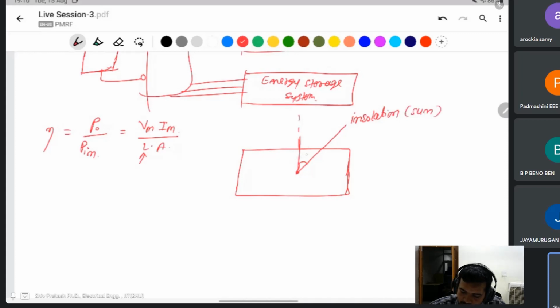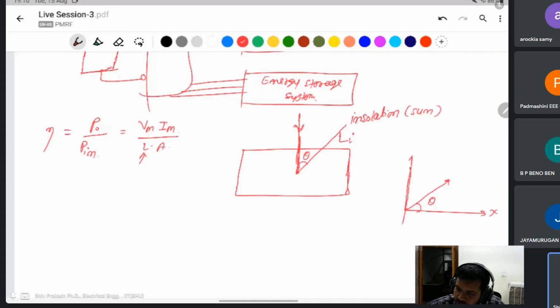If you take this angle as theta, then what is the insolation? It will be converted into the incidence power. This one is the normal to the surface. You know about this in a triangle. This one is theta.